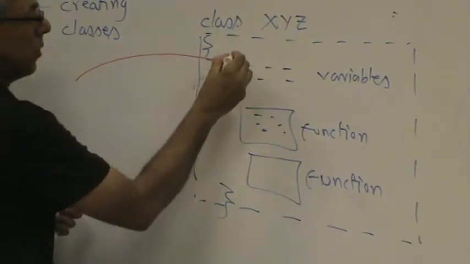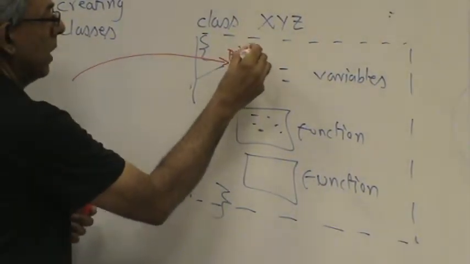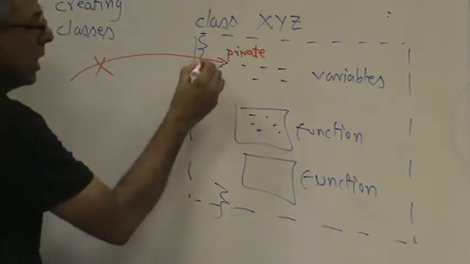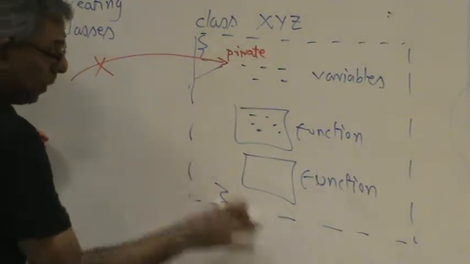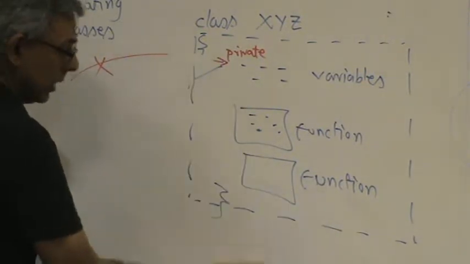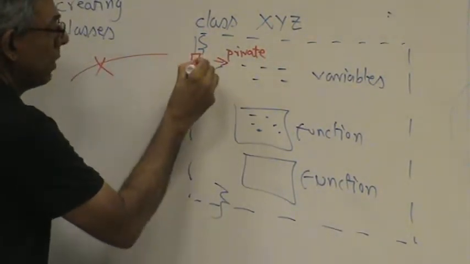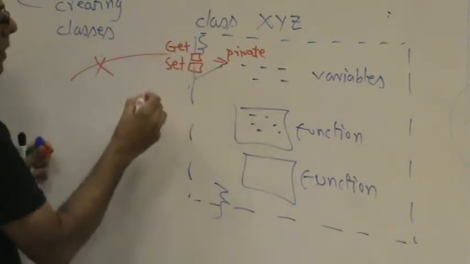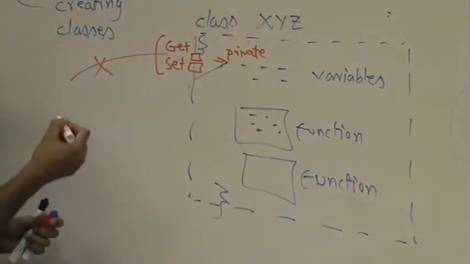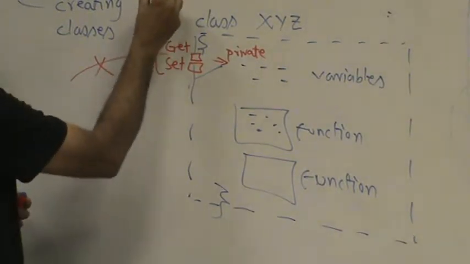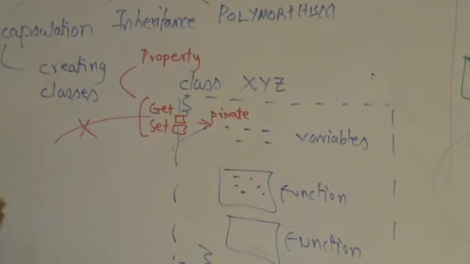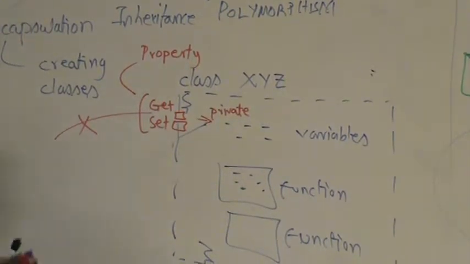No. They should be private, so that from the outside nobody can modify them. Then how will we make it useful? As we discussed in the last couple of lectures, we provide a tiny get function and set function. In C#, we use a property to wrap the get and set inside it.